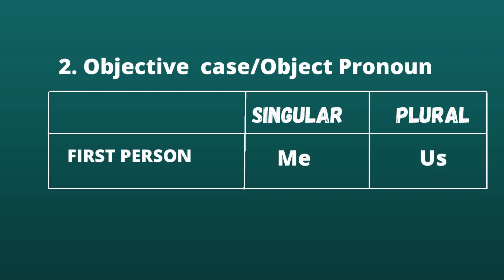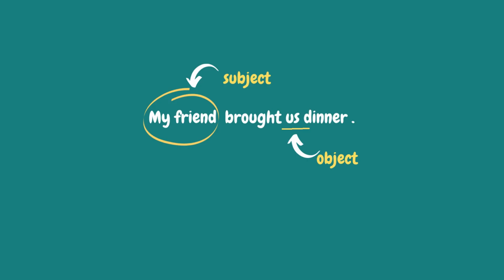Okay, first person plural is us. It means the speaker is with another person or other people. My friend brought us dinner. My friend is the subject.